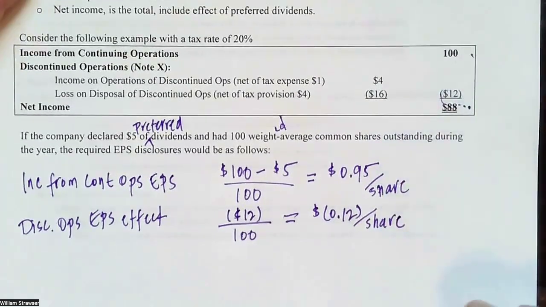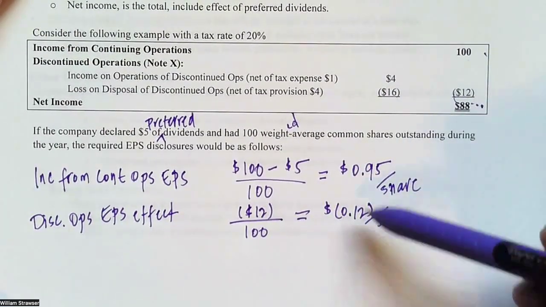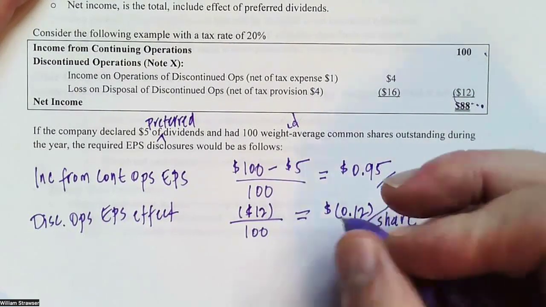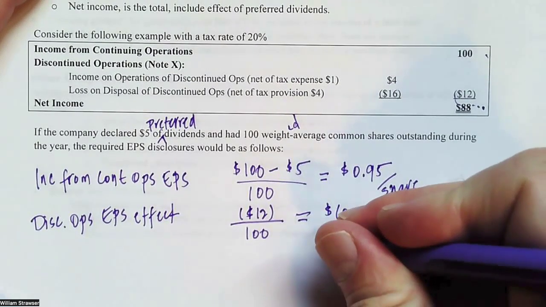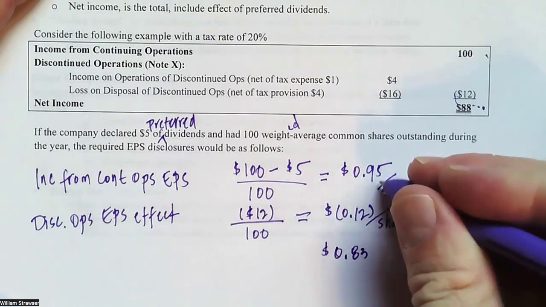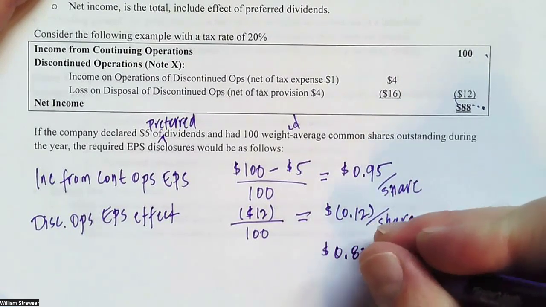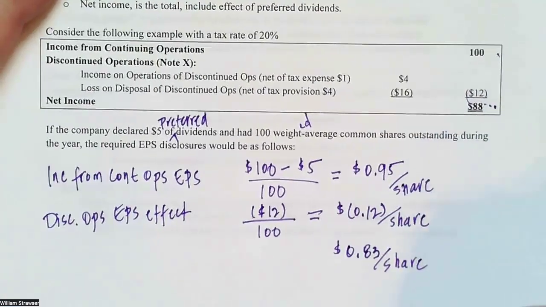Now, EPS, because we are adjusting things appropriately, will always add up to the final one. So for example, 95 cents per share, and then this adjustment of negative 12 cents per share should come out to 83 cents per share just by taking that, subtracting that, and then I get the final EPS. And we can check it real quick just to make sure that this worked right.